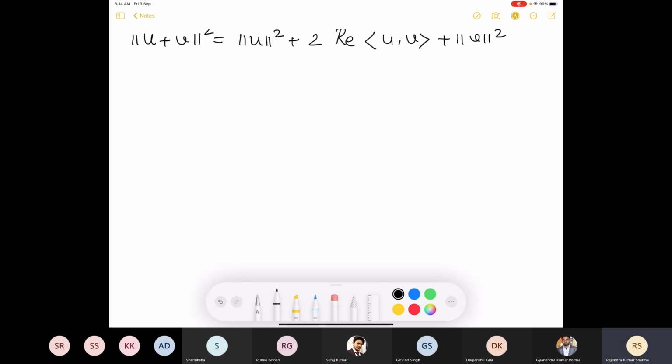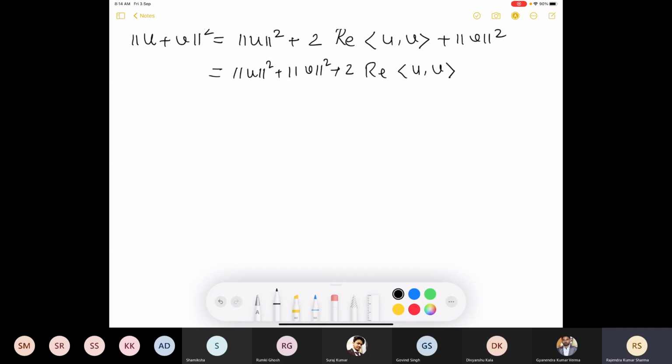Now, you can also see easily that this can be written as norm of u square plus norm of v square plus twice the real part of the inner product (u, v).